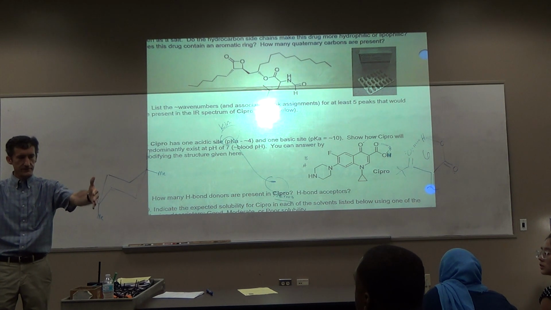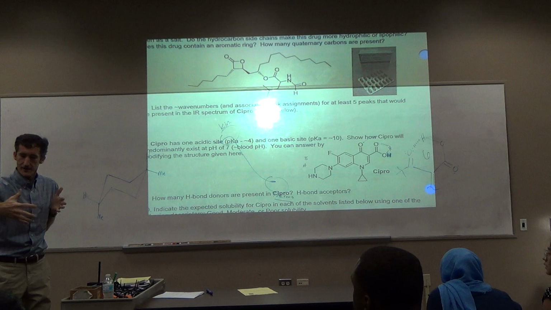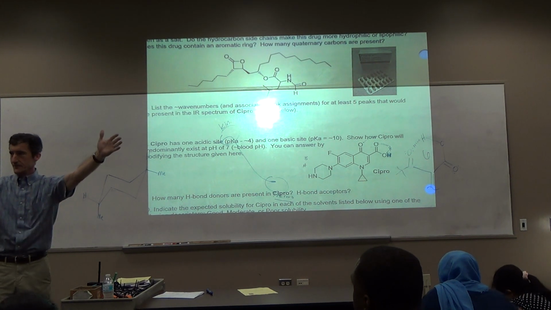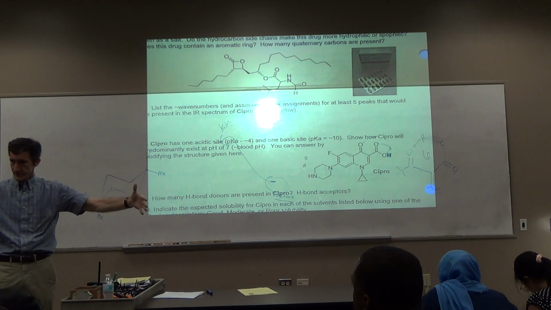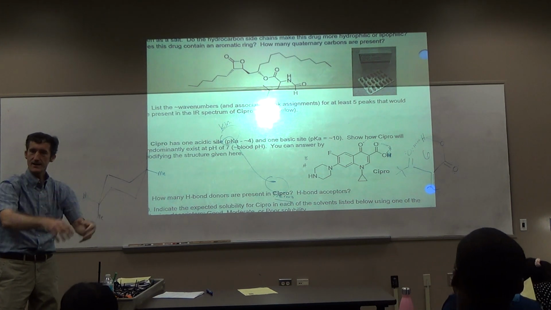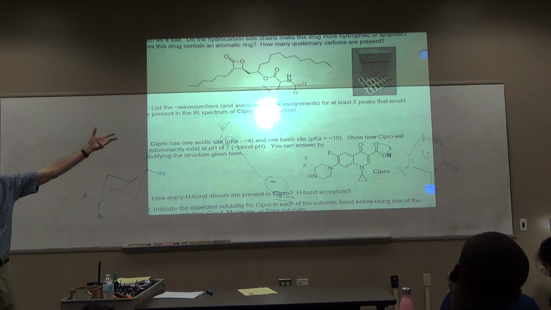On the other hand, if it's shorter, there's nothing out here. And if it was too long, it'd be a problem too. 5 and 6 is perfect for reaching around and doing an NCI. So I would propose the original one, my 6-membered ring.